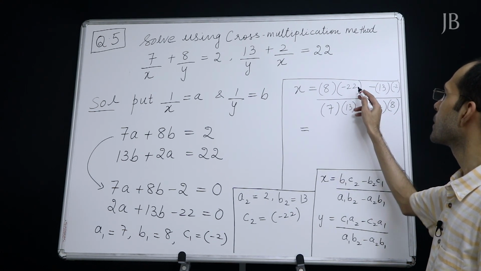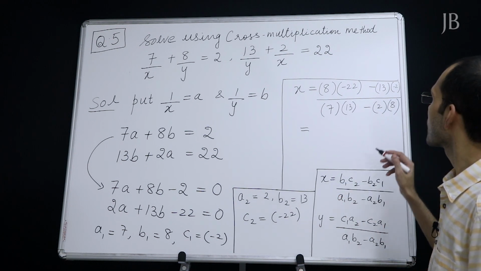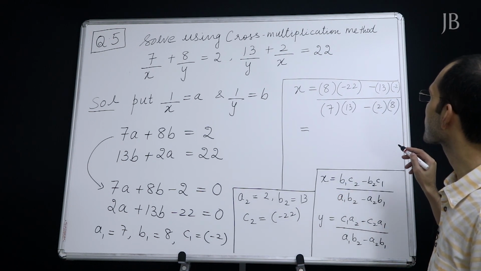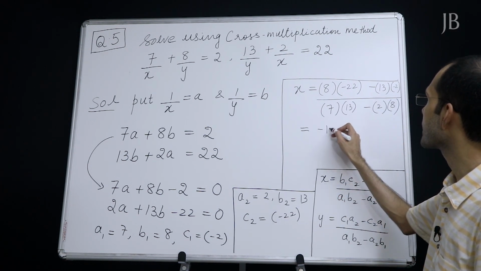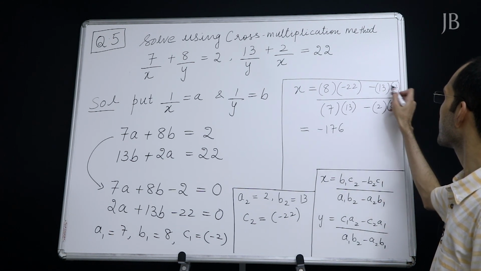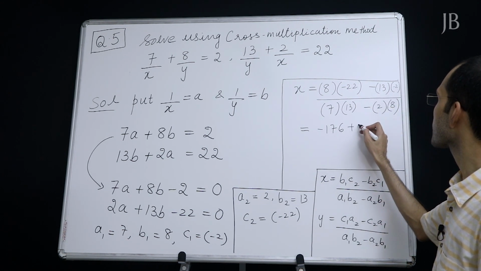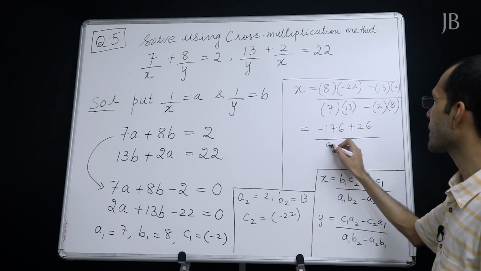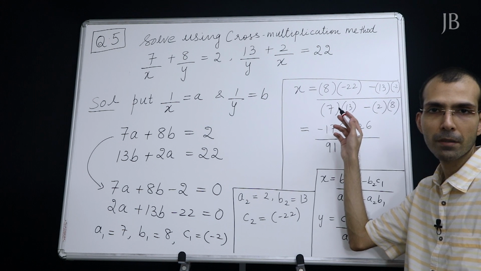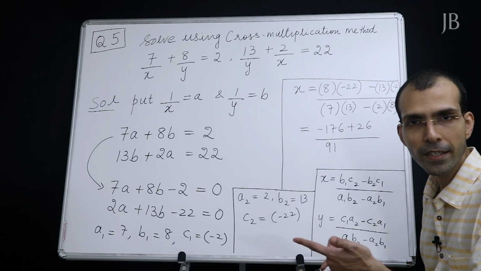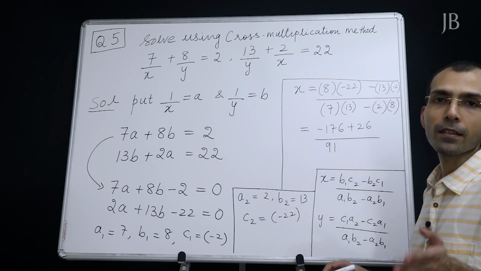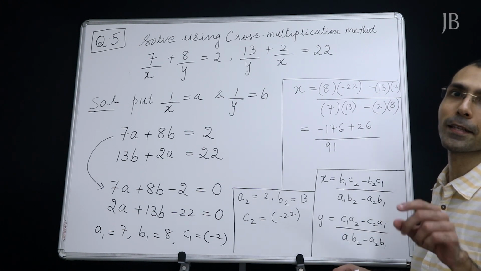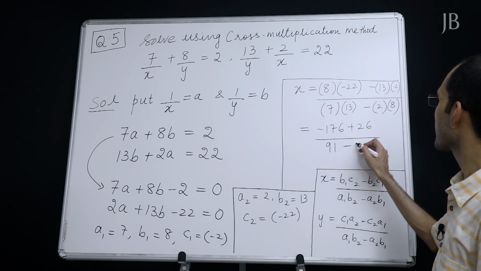Minus 22 into 8. How much? 8, 16, minus 176. Negative into negative positive, so plus 26 divided by 13 into 7, 91. Be careful, many people make mistakes here. 13 into 7, 91 minus 16.